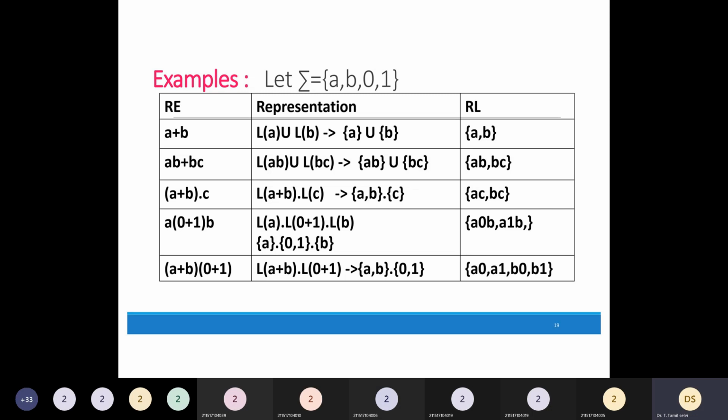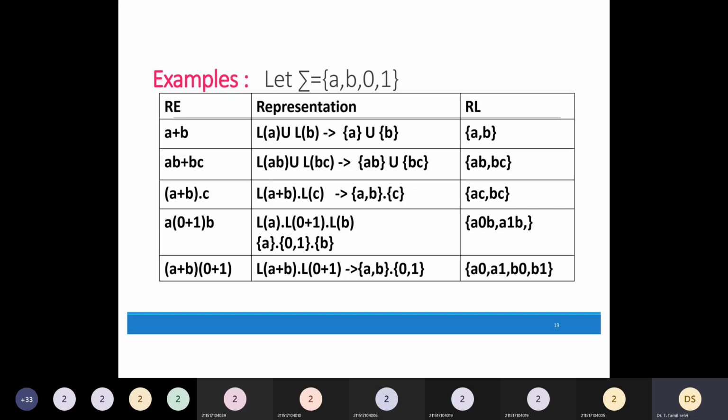Now coming to the second one, ab plus bc. Here first you have to divide this into two parts, ab in the first part and bc in the second part. So you can write it as L of ab union L of bc, which tends to ab union bc.